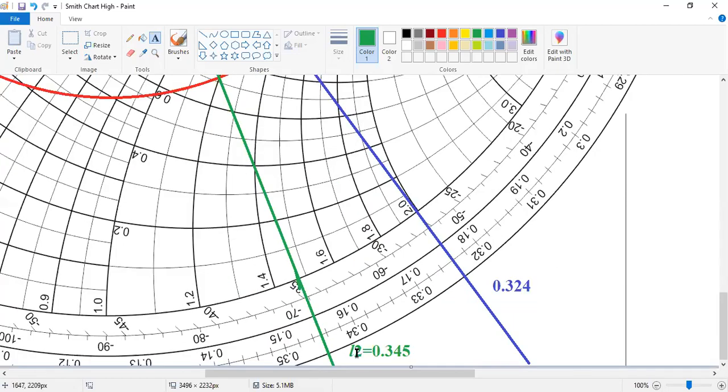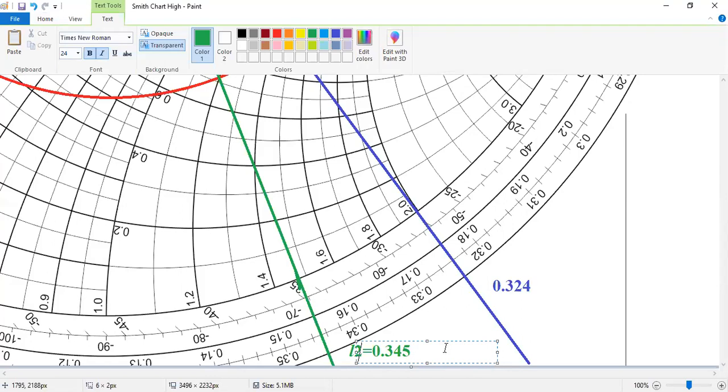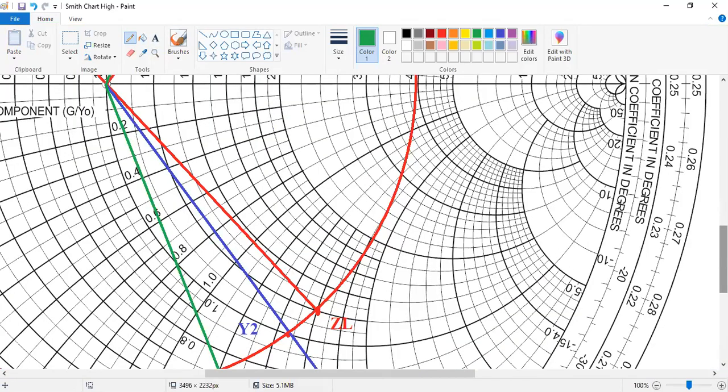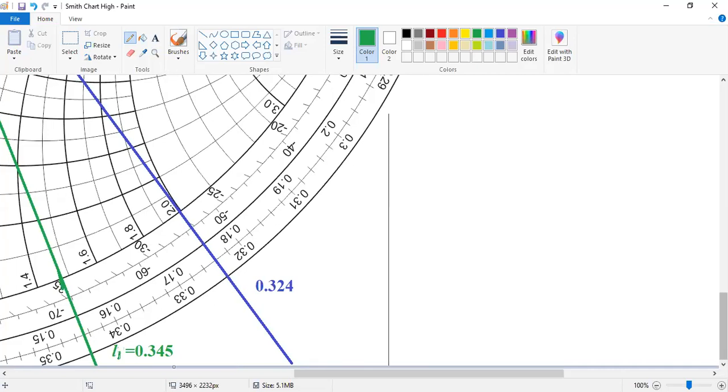So this we are mistaken. So this is L1. So we have to just rub it and mark this as L1. So L1 equals 0.345.